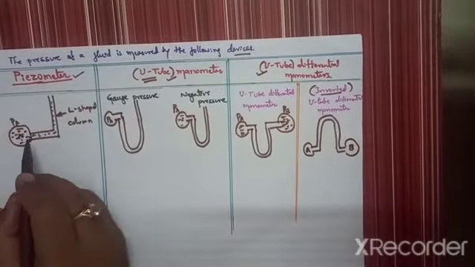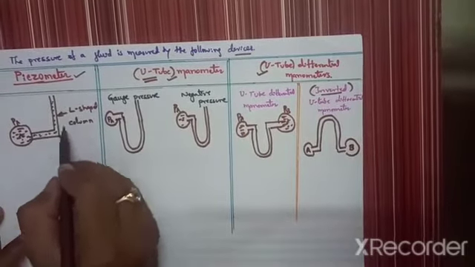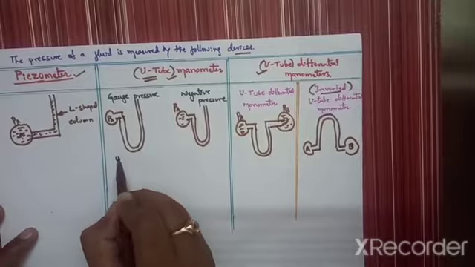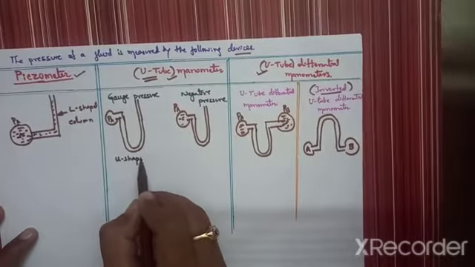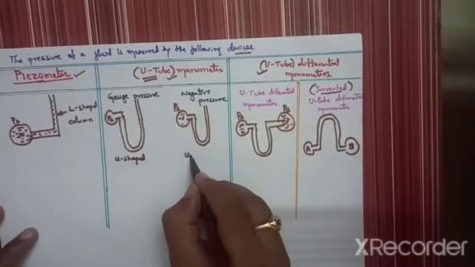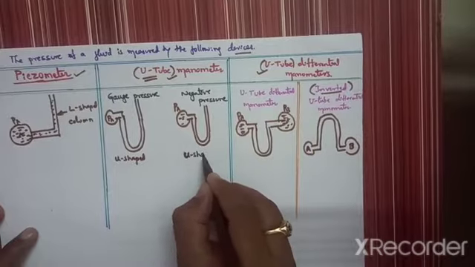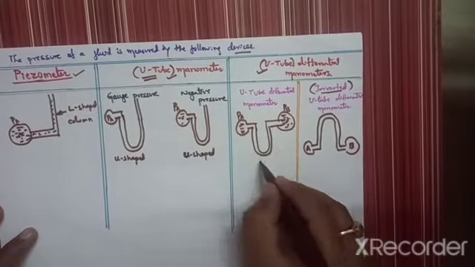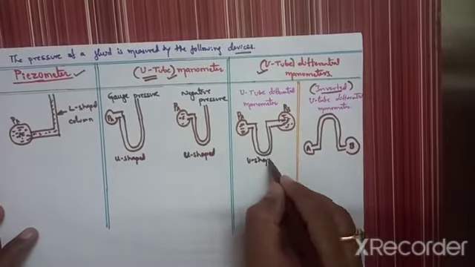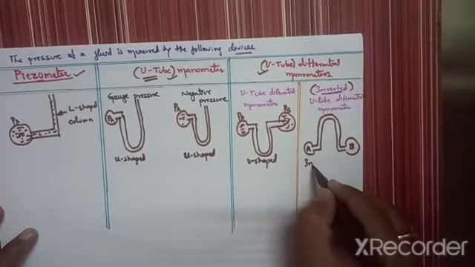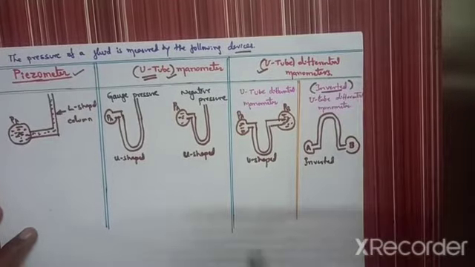Understood? In the piezometer, it is L-shaped. Here it is a U-shaped structure. Here it is also U-shaped. And here it is an inverted U-shape. This is the first point.